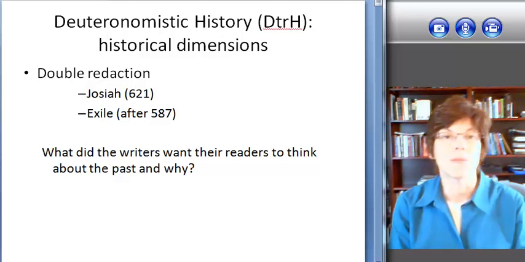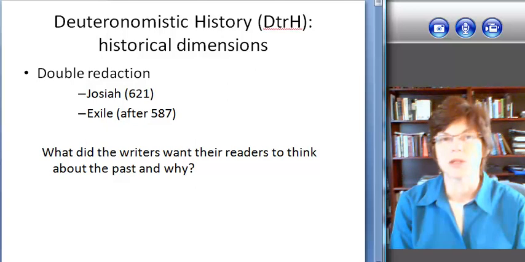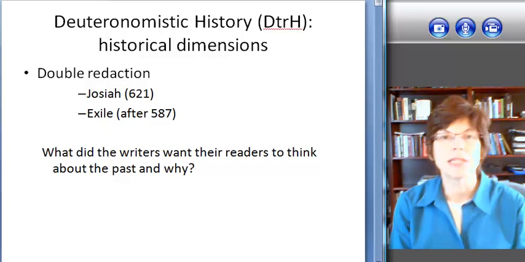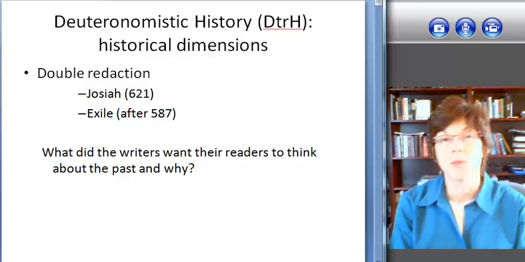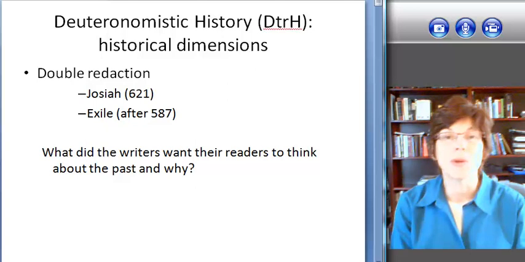We've been talking about the double redaction of these books, the idea that they were put together in their literary form first during the reign of the Judean king Josiah, somewhere around 621 BC, and that the collection went through a major edit after the Babylonian exile, or in the Babylonian exile, sometime after 587.